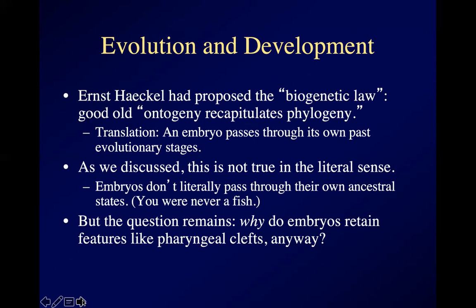Now, I want to make it clear that in the literal sense, this is not true. You did go through a stage where you had little clefts in your neck, which were separating structures called pharyngeal arches. If you had been a fish, those pharyngeal arches would become your gill arches. You not being a fish, you lose the clefts, except for one that becomes your ear.